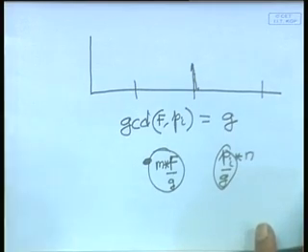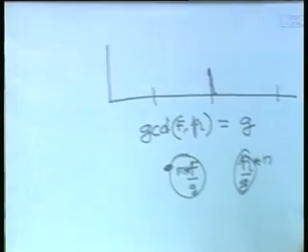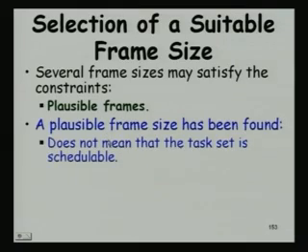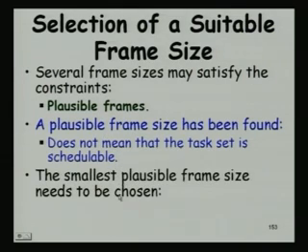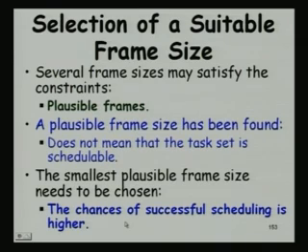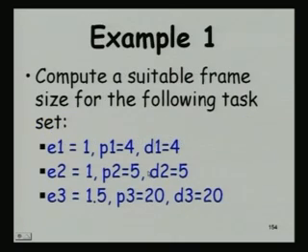You were saying that, see, there are 4 and 2 and the frame size is 5, how will it run. So, finding a plausible frame size does not mean that the task set is schedulable, and to increase the schedulability we need to choose the smallest frame size, and we will see that the chances of successful scheduling can be higher once we choose a smaller frame size. We will take examples and show this.